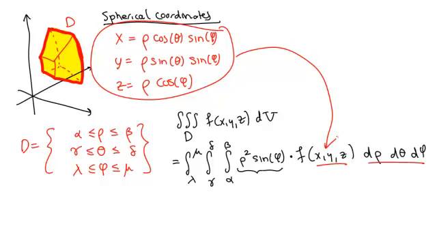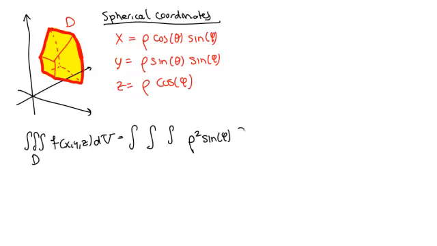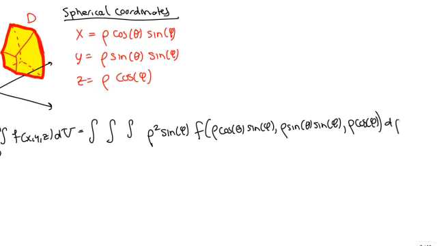And so this will give us the final formula: the triple integral over the domain D of the function f of x, y, z dV will be the iterated integral of rho squared times the sine of phi times f of rho cosine theta sine phi, rho sine theta sine phi, rho cosine phi, d rho evaluated from alpha to beta, d theta evaluated from gamma to delta, and d phi evaluated from lambda to mu.